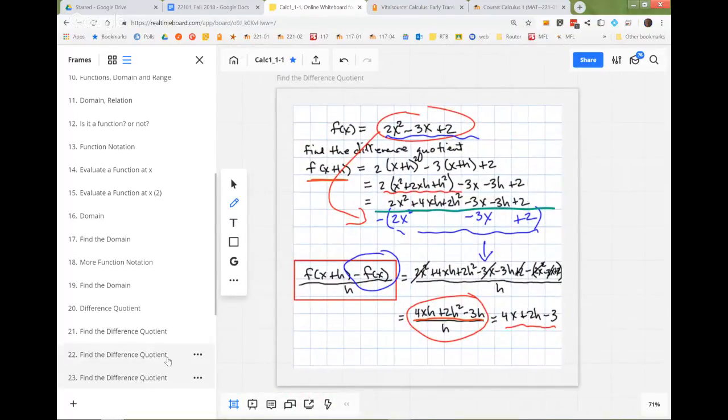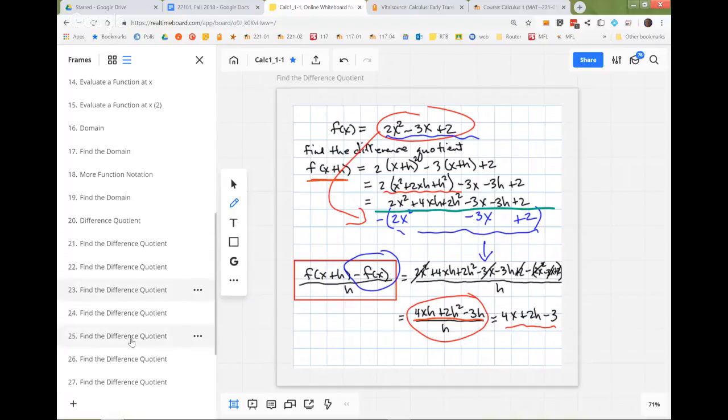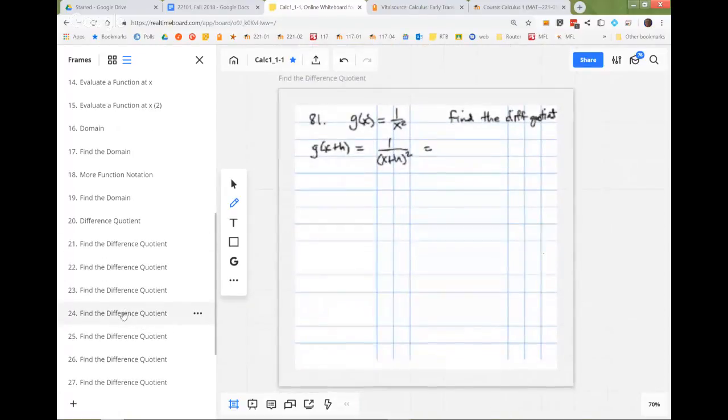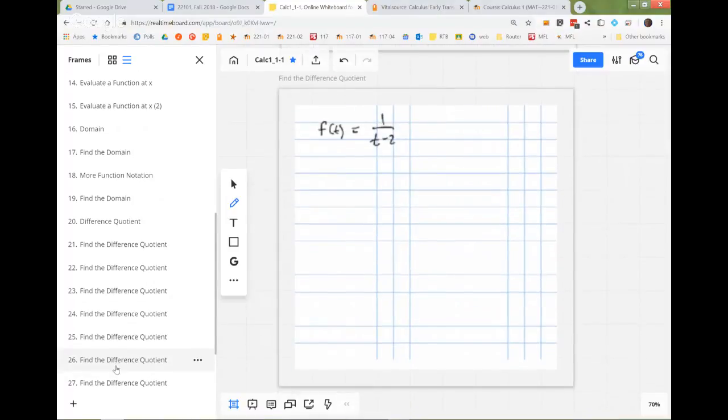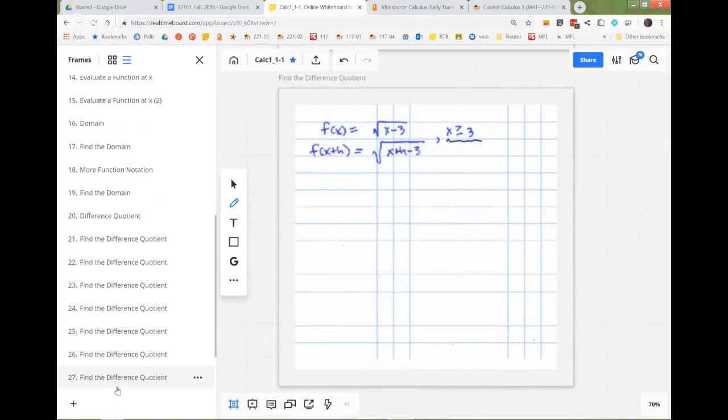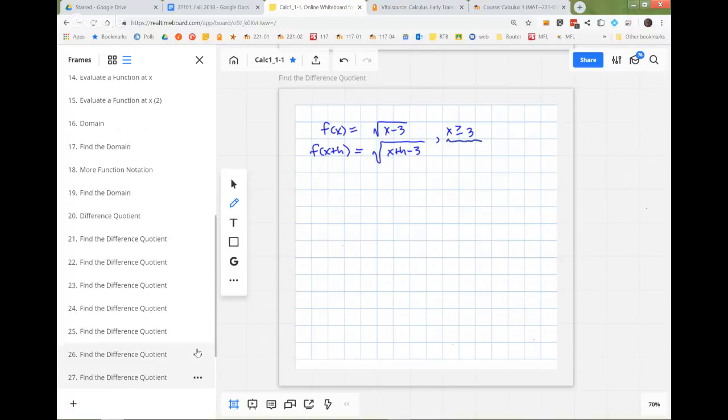Well, here, let's go directly to one. Got to find it. Here we go. Let's do this one. So Maria asked, can we do one that has a square root in it? So here we go. F of x equals the square root of x minus 3.